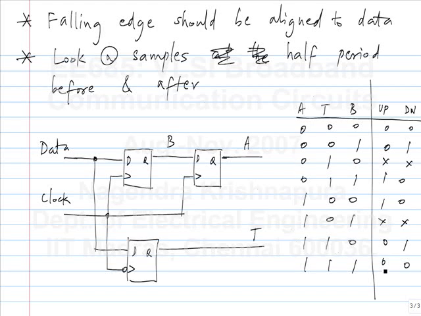Anyway, you can realize this exactly. There is no problem. You just need a combinational logic with 3 inputs. Up is A XOR T, if you choose to make this X 1.